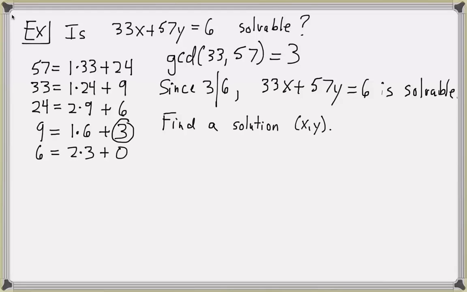The way we're going to find the solution x, y is we're going to use the work we did with the Euclidean algorithm to rewrite each remainder as a linear combination of 33 and 57.